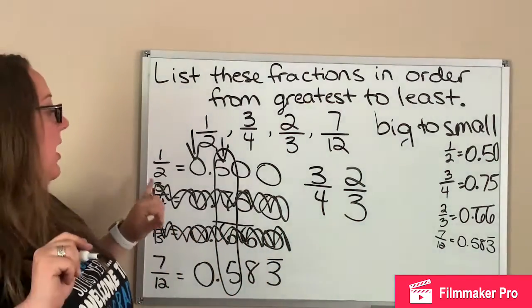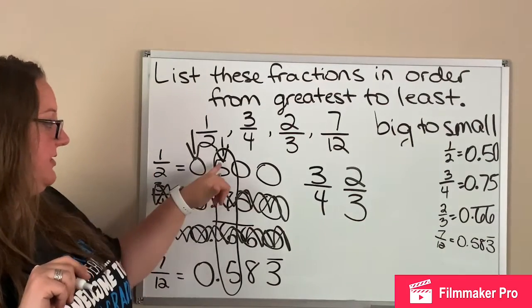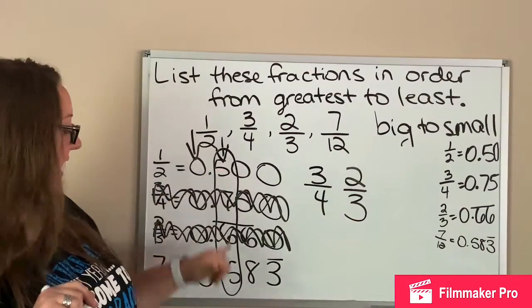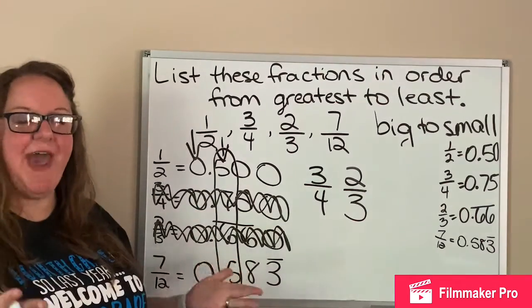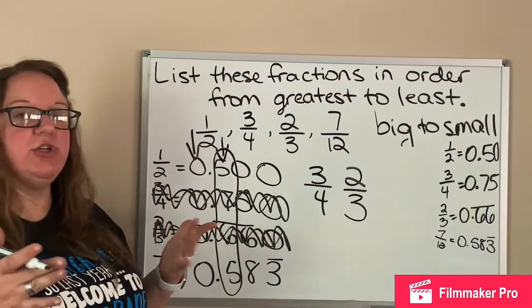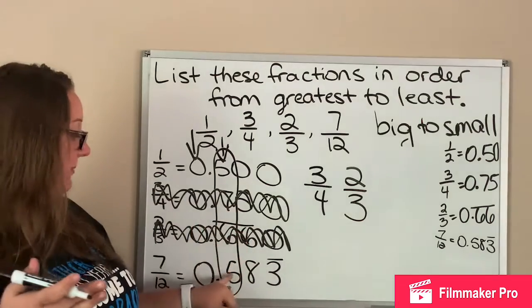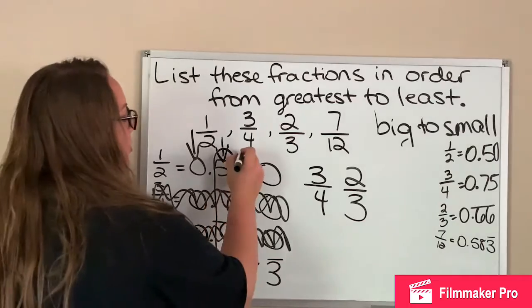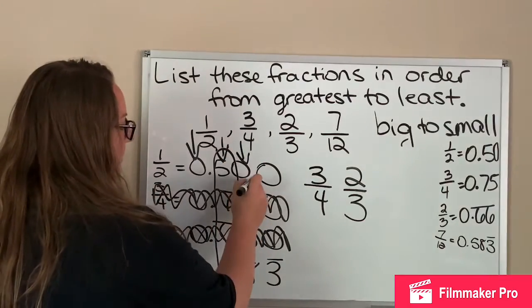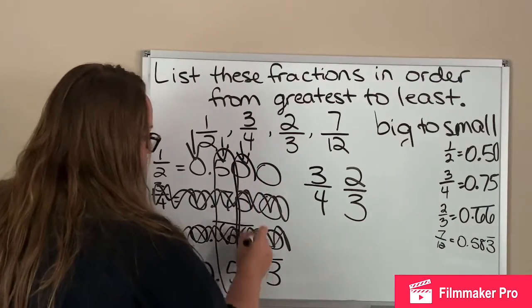Now, my last 2 numbers in my tenths place are a 5 and a 5. Now I can't look at both of these 5s and say which 5 is bigger, okay? Because you can't compare 2 5s. They both have the same value, 5. So I've got to go over one more place value to the hundredths place, this one right here.